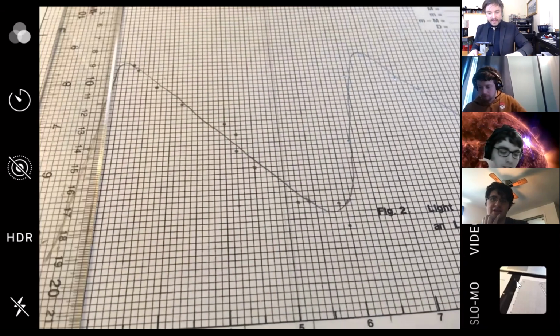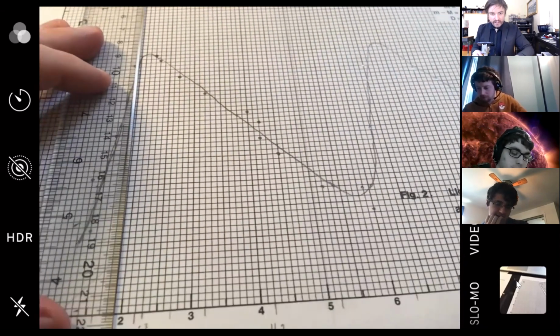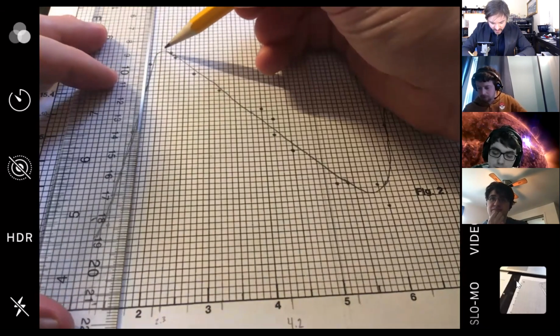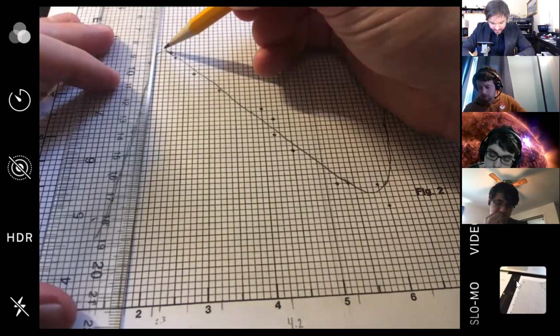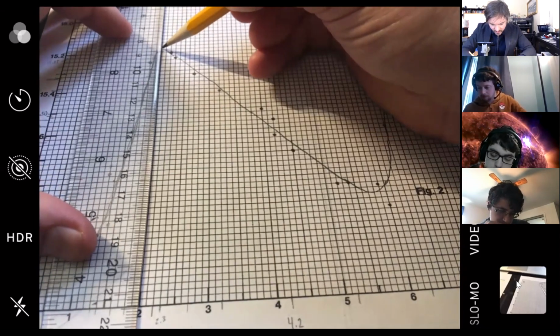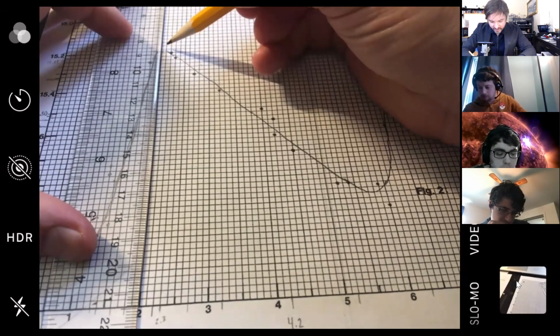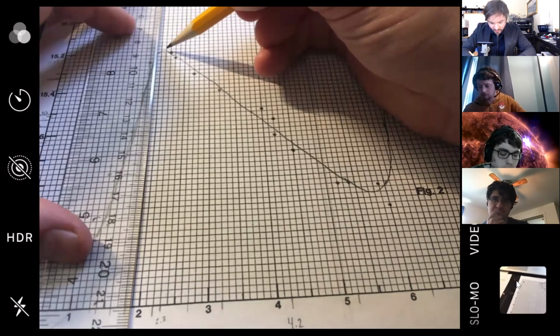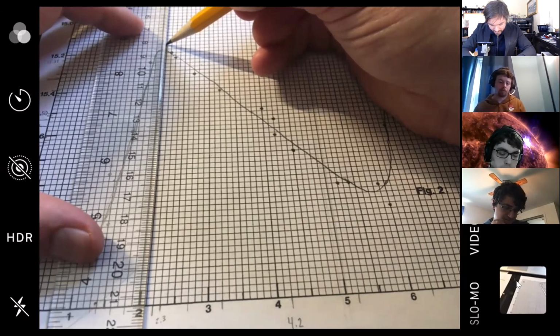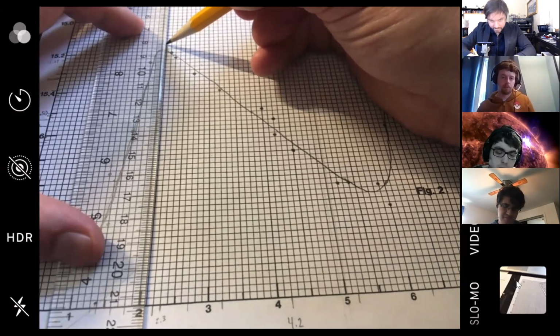Okay. I'm going to make a vertical line. Do not use the points. Use the curve. So I'm going to do mine, I don't know. Do I want to bias it towards 2? Let's keep it simple, I guess. Or do I? Let's make it 2.1.